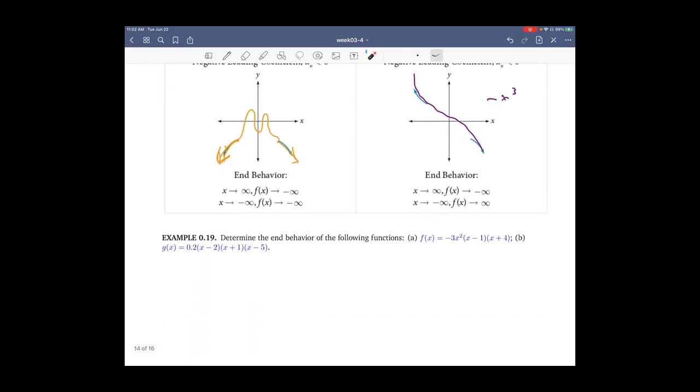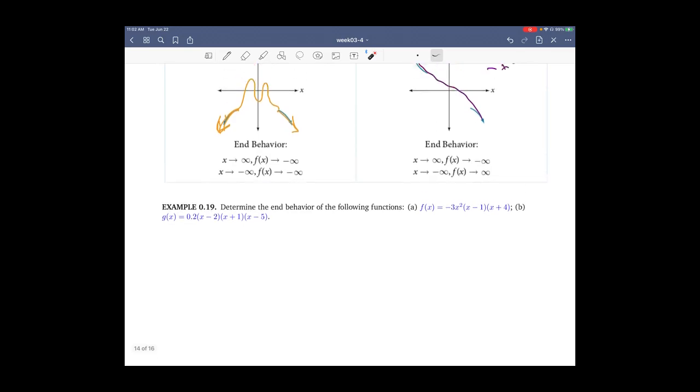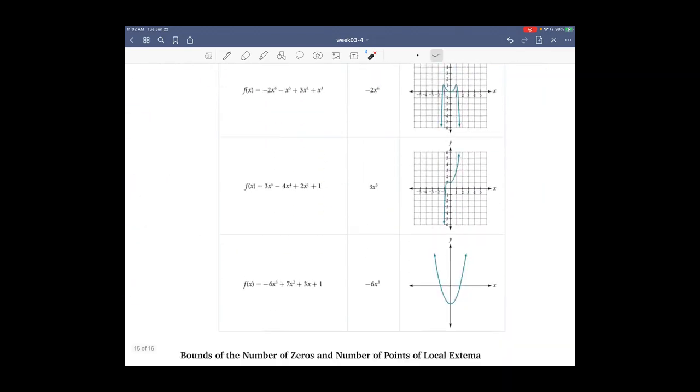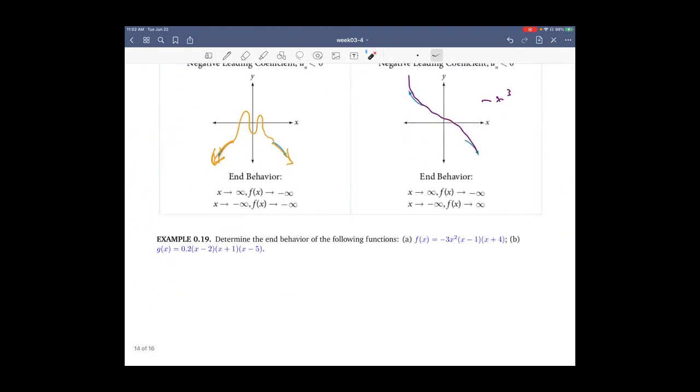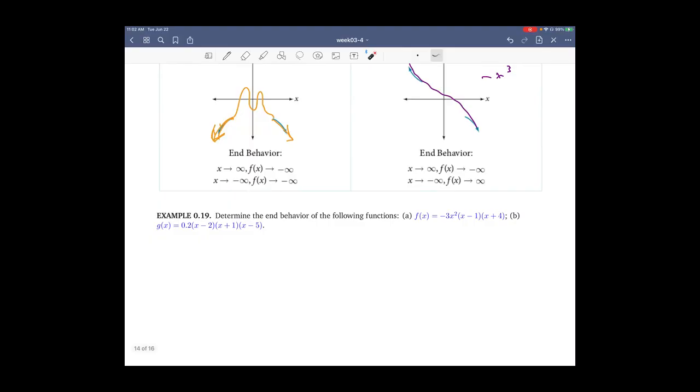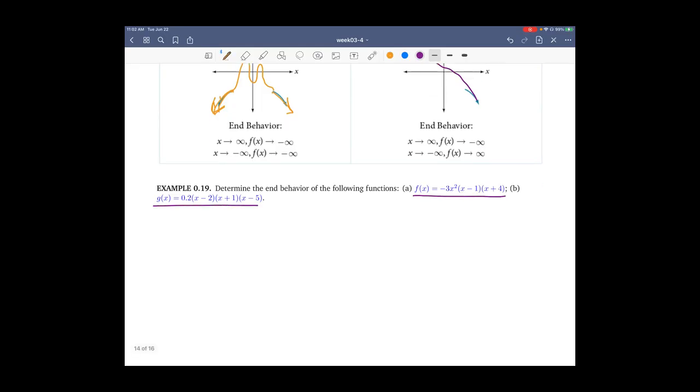For example, determine the end behavior of the following functions. In both examples, these are polynomial functions. And for example A, we see immediately that f is a polynomial of what degree?